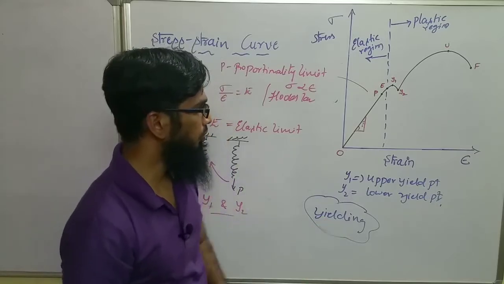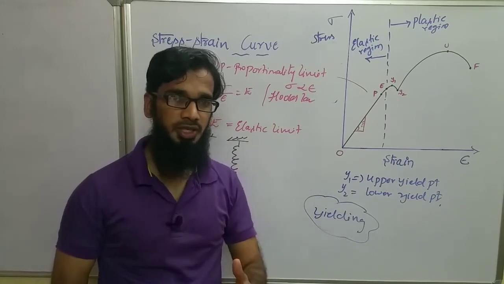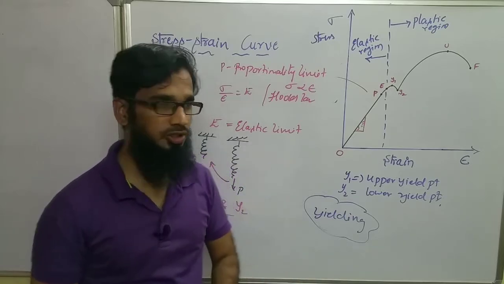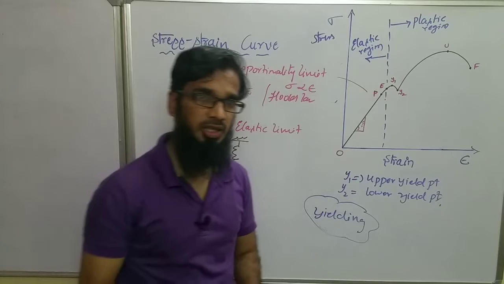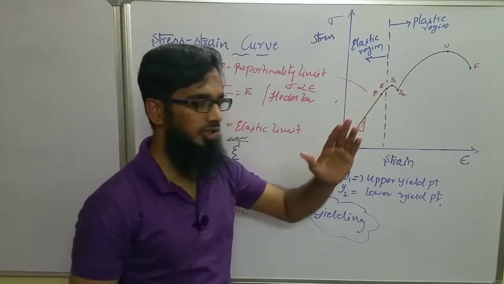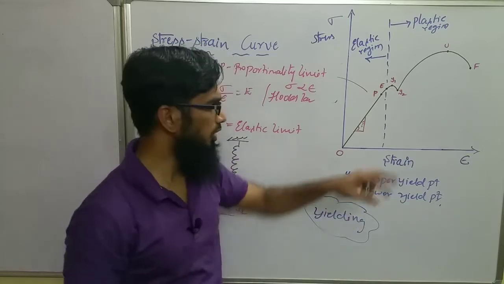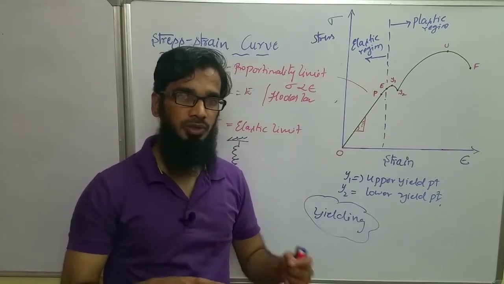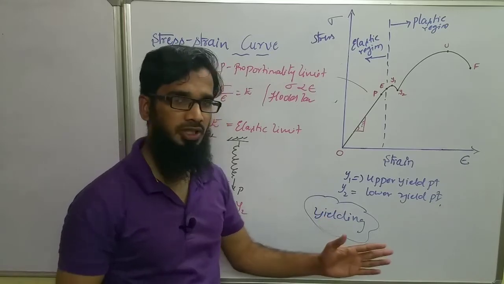Now what happens at point Y1? Y1 indicates the entry of the material into the plastic region. Obviously, beyond the point E it behaves like it is entering the plastic region. When Y1 comes, the metal tries to behave like a plastic.